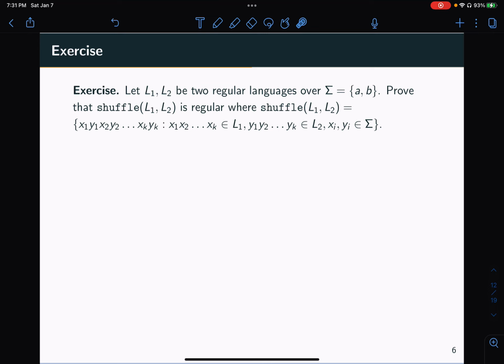So shuffle L1, L2 takes each string of length, say K, in the language L1, and each string of the same length K in the language L2.